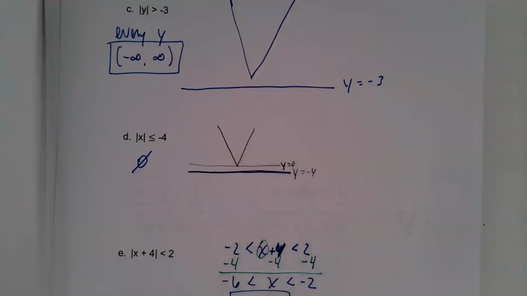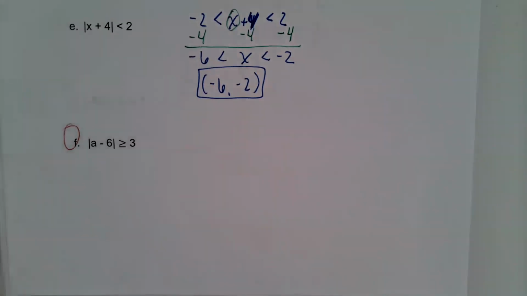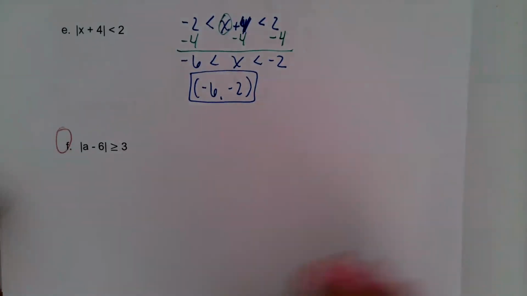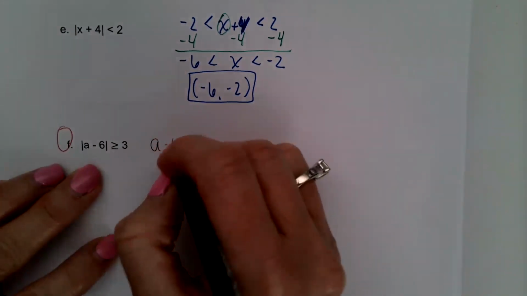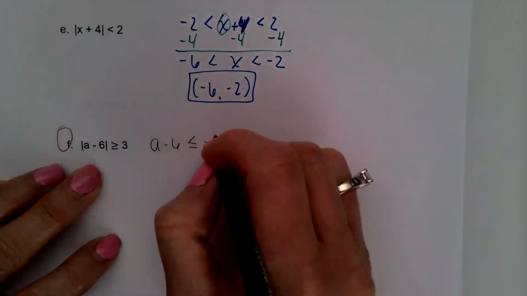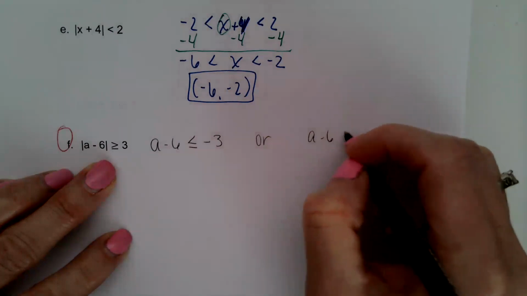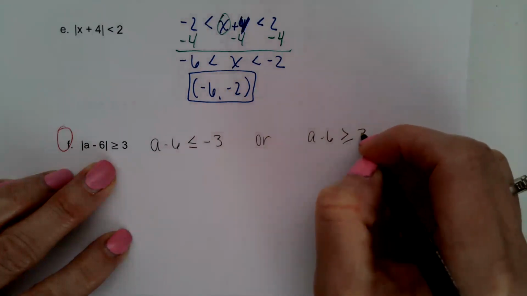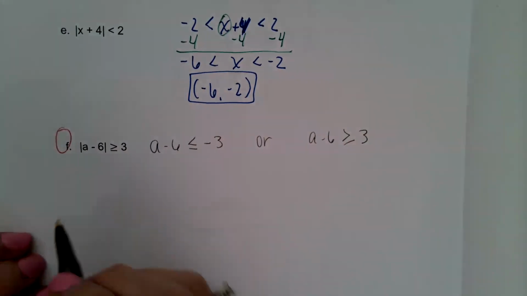So let's look at a couple of examples here for you. If you go to the third page of notes for letter F, we're going to look at that one first. So this is a greater than, so we're going to be looking at when a minus 6 is less than or equal to the negative of 3, or a minus 6 is greater than or equal to the positive of 3. Because it's greater than, we're looking at the outsides.